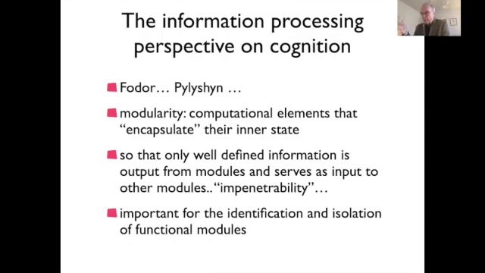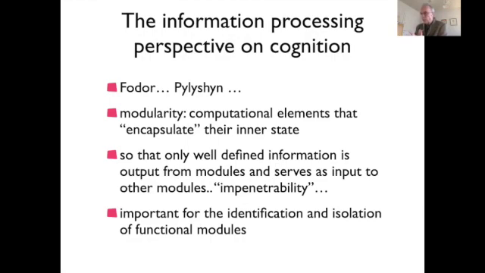And so some of you may know there was this long debate about modularity. Jerry Fodor and someone called Pylyshyn argued a lot about that, and still today this argument is going on. So they talked a lot about encapsulation, that there would be different computational elements that encapsulate their inner state. So the inner state is not actually accessible to other modules, and they only transmit well-defined things that would be described by information.